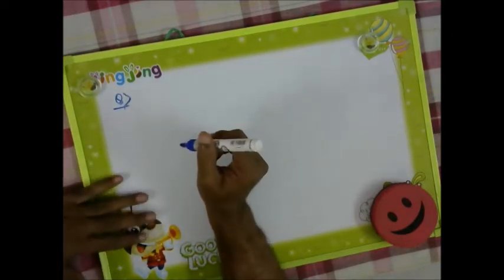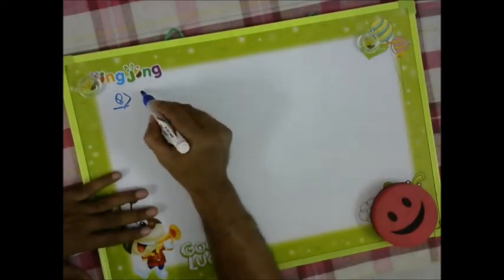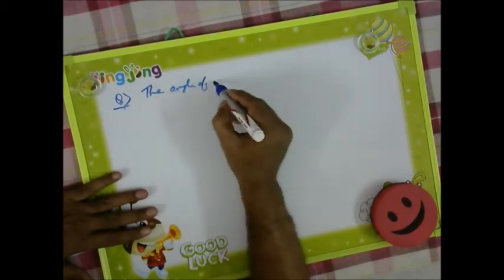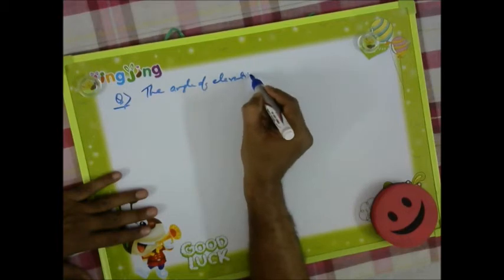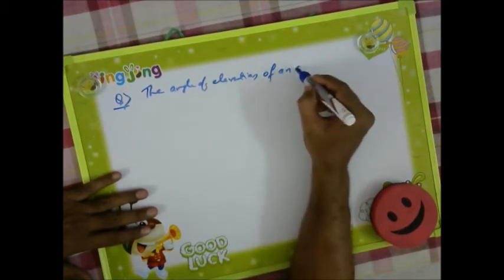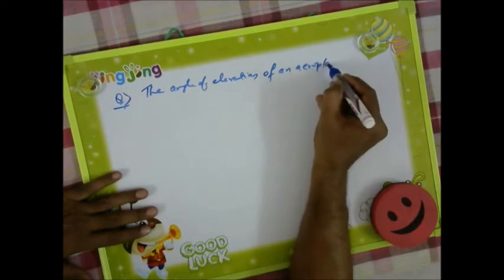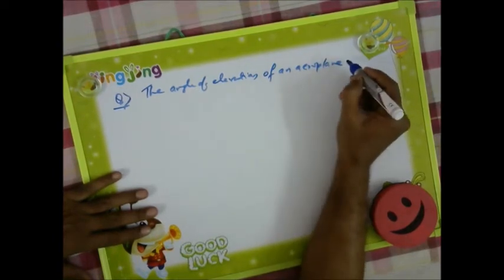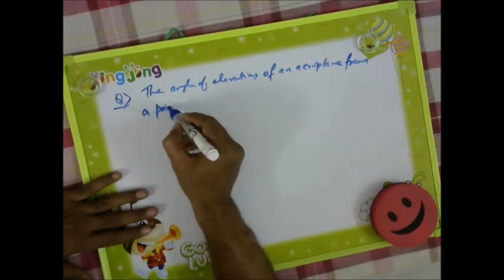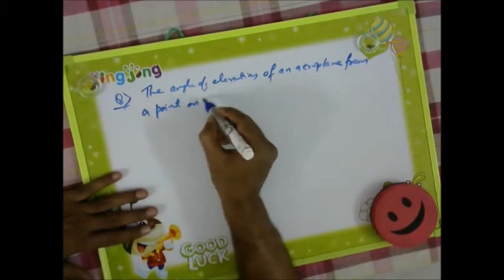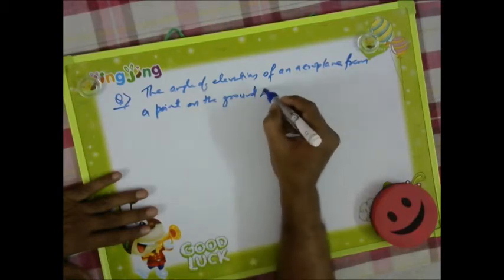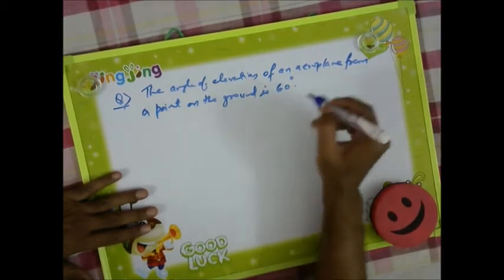The question given is: the angle of elevation of an aeroplane from a point on the ground is 60 degrees.